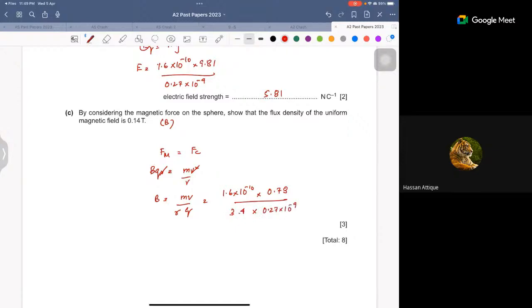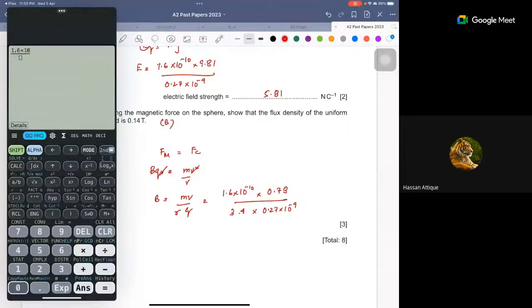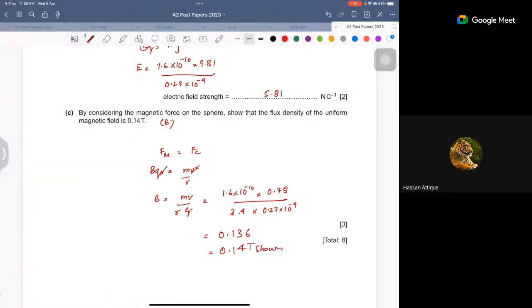Okay, let's try this. 10 to the minus 10 times 0.78 divided by 3.4 times 0.27 times 10 raised to the power minus 9. So that's going to be 0.136, which is 0.14 tesla. Okay, shown. Any questions, please let me know.